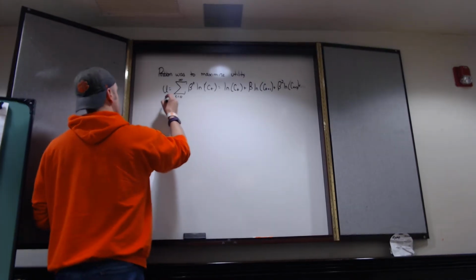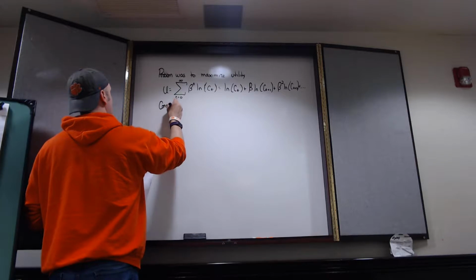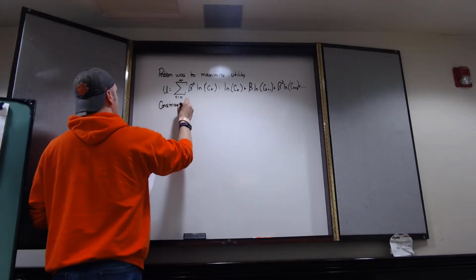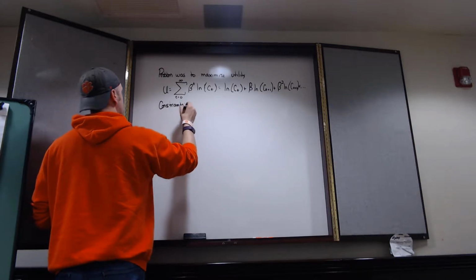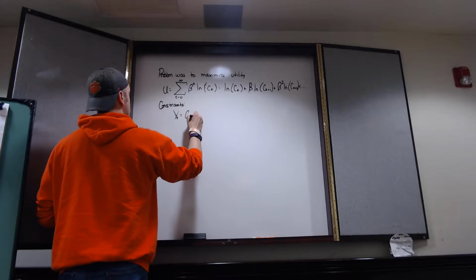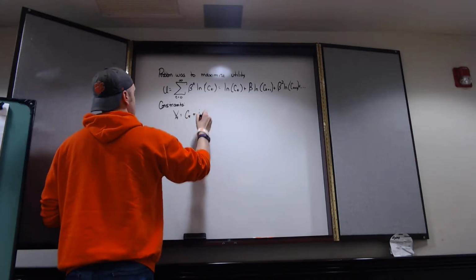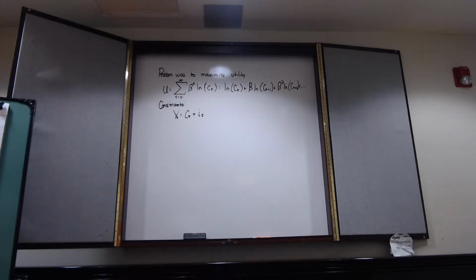Remember when we had a constraint? Let's say we have constraints. The first constraint we have is a resource constraint. It says that output Y can be split only between consumption and investment.